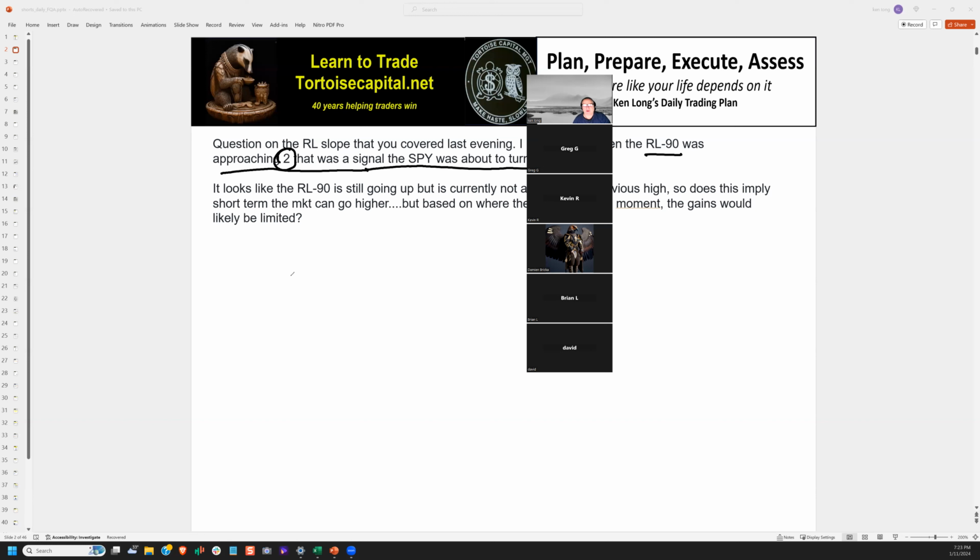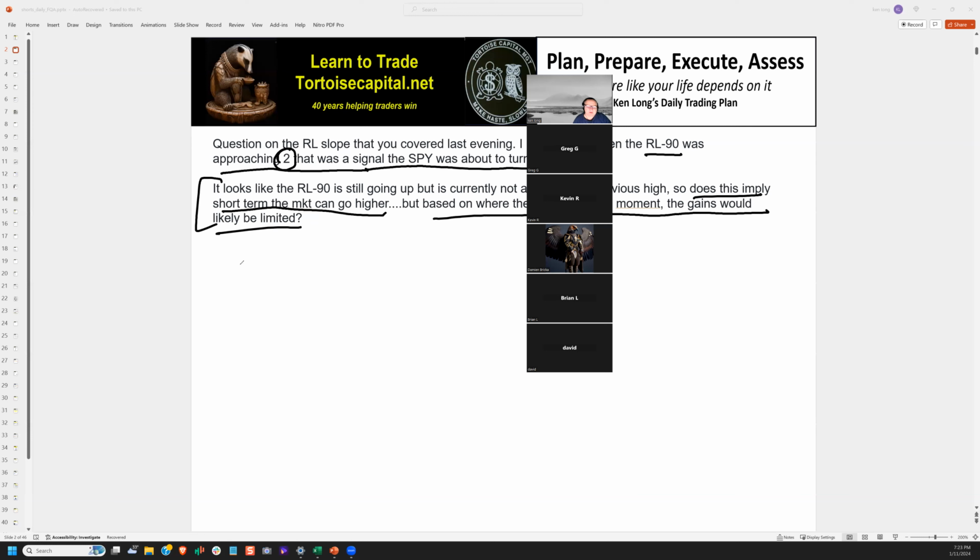The fact that it's rolling over, when the z-score is rolling over beyond Z1, is actually the indication. And now it looks like the RL90 is going up, but not as high as the previous high. Does this imply that the short-term market can go higher, but that based on where the RL90 is, the gains would likely be limited?